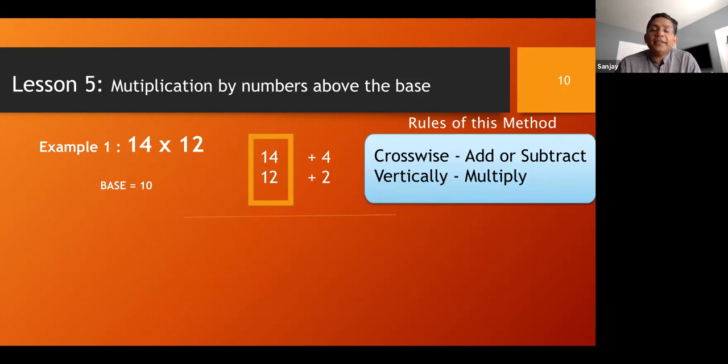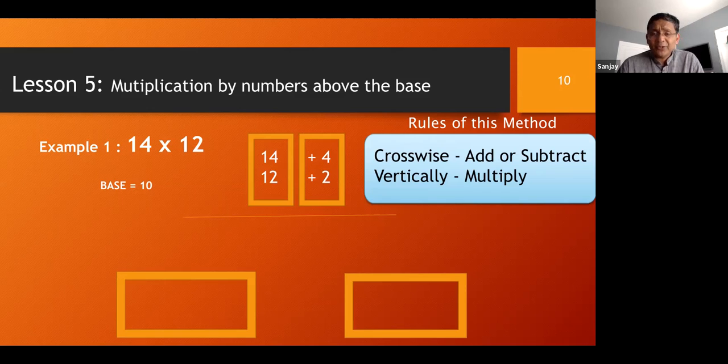Now 14 is 4 more than 10, so you write plus 4, and 12 is plus 2. So 14 and 12 are plus 4 and plus 2, right? I hope you are so far so good. That's how you represent the numbers. For 14, you just put plus 4 because it is above the base of 10.